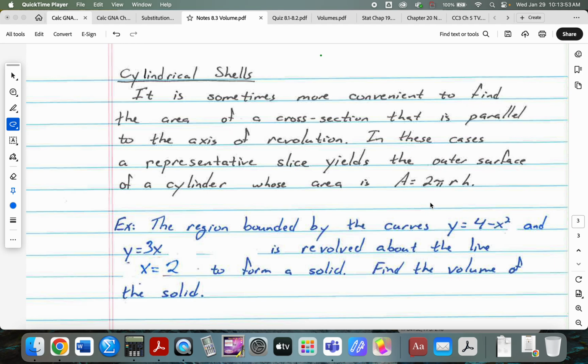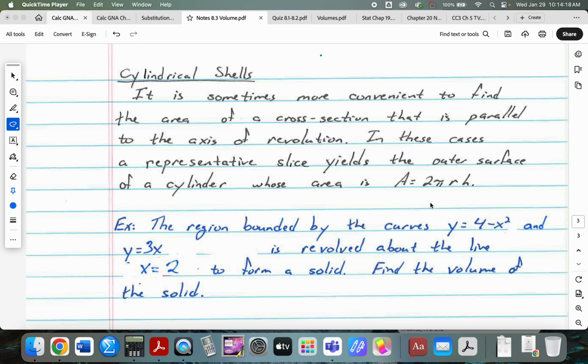And because of that, the area of that is 2 pi r times the height, right? Remember, that's the formula for the lateral area of a cylinder. Do you remember that from way, way back? So basically the idea is this.